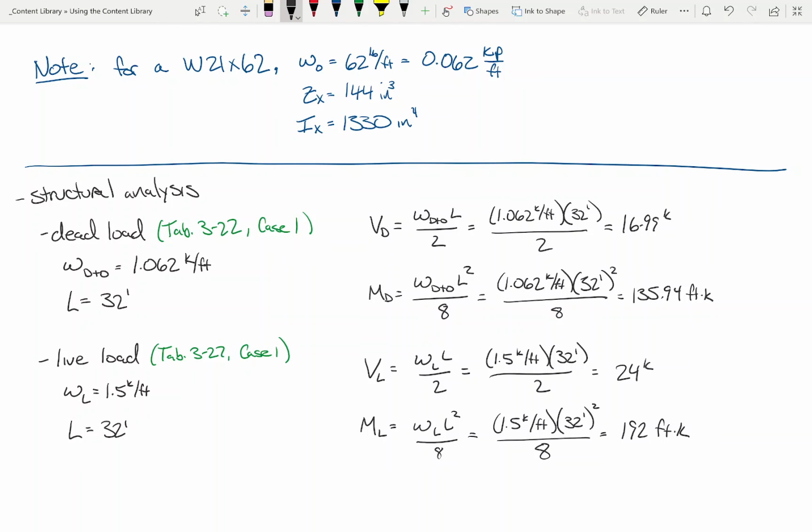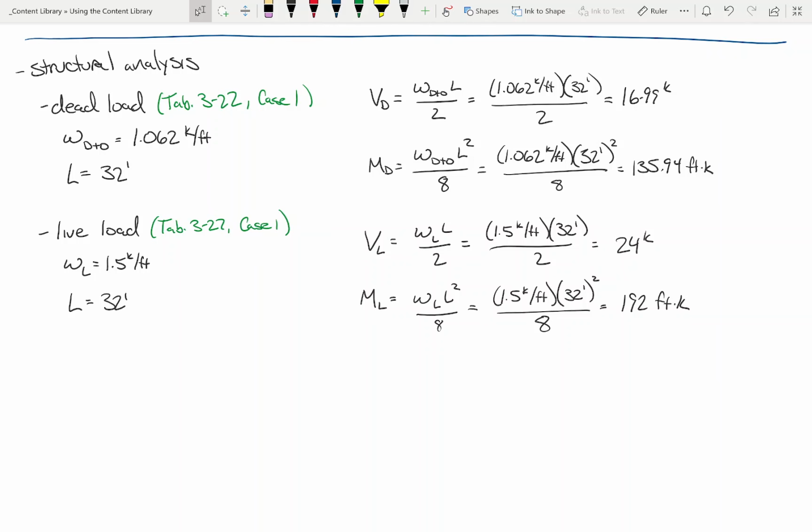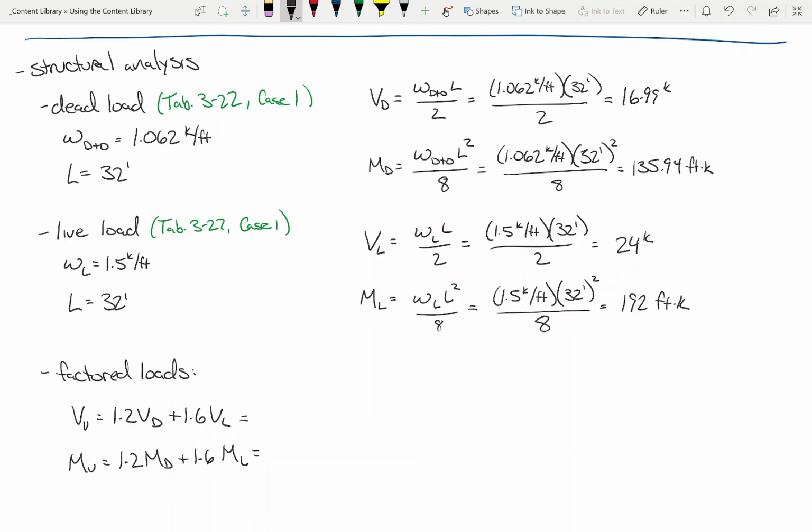Now, what do I then do with these values? I would then factor them, right? So I have a dead load, a live load, fair point.